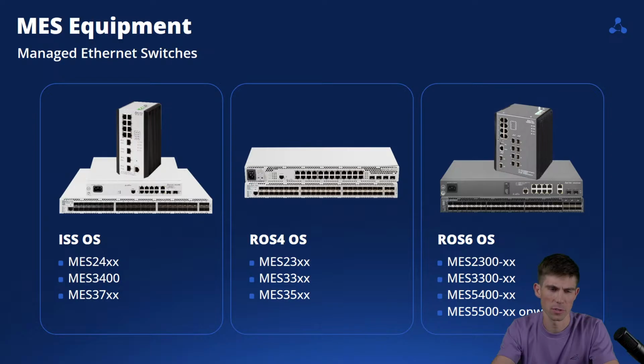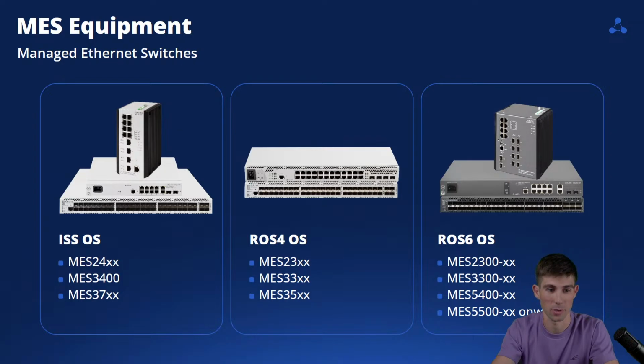The difference between the two is rather technical, and the main thing I'd say is that the ROS4 architecture offers stacking on the hardware level, and it used to be the case, and I'll explain why a little bit later.